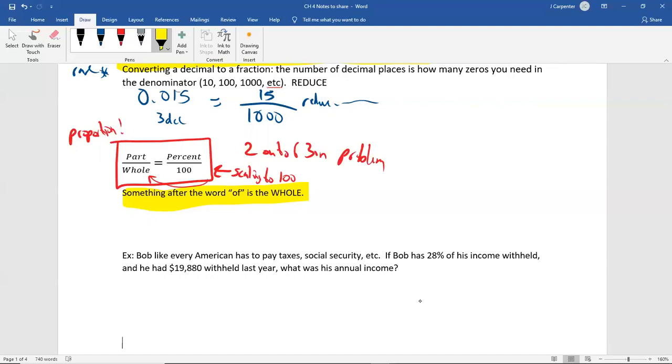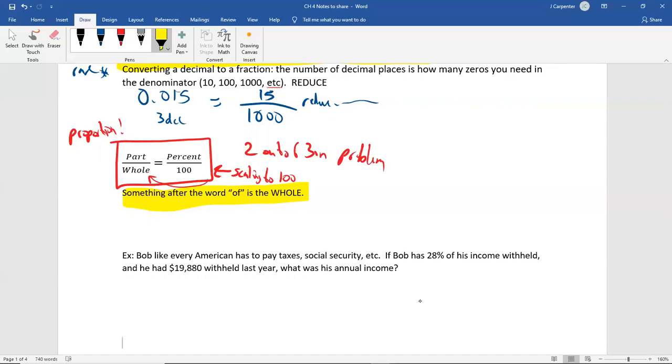So that would be 50%, but this is 28%, so obviously he's got to make more than 40 grand. If he made $200,000, this 20 grand would be 10%, 20 out of 200, which means he definitely didn't make 200 grand because he's being taxed at 28%, not 10%. So his actual income is somewhere between $40,000 and $200,000.